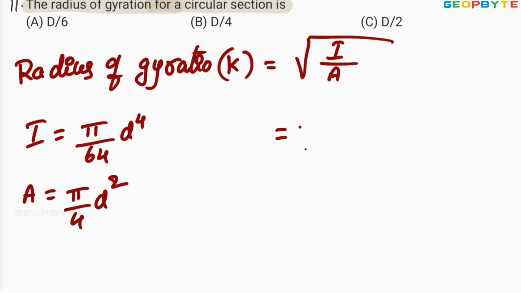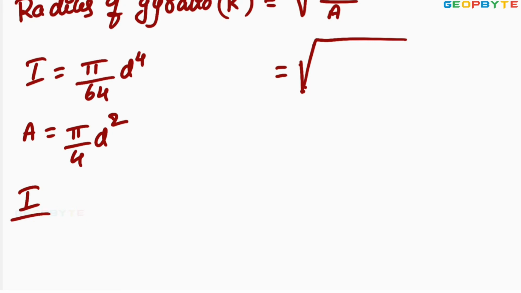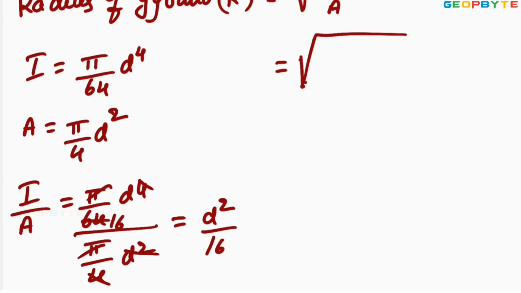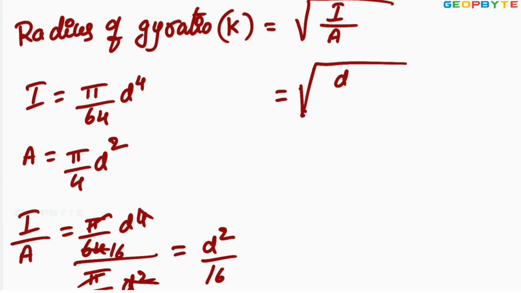Let us find I by A separately. I by A equal to pi by 64 into d power 4 divided by pi by 4 into d square. Pi cancels, 4 into 16 gives 16, d square cancels. Finally, I by A equal to d square by 16. It can be written as d by 4 whole square.